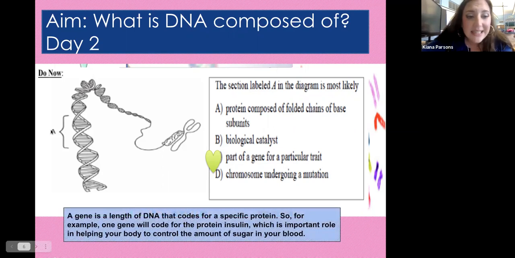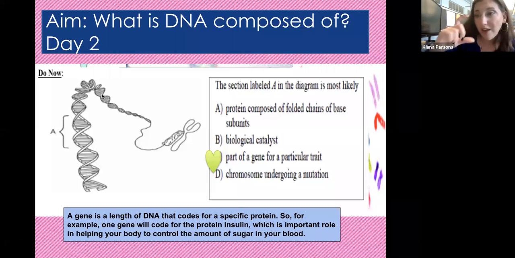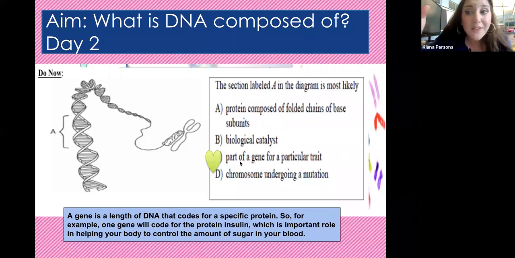So a gene is a length of DNA, like we can see here labeled in A, that codes for a specific protein. For example, one gene will code for the protein for insulin, which has an important role in helping your body to control the amount of sugar in your blood. So this is a portion of a segment of DNA, and so it would only code for maybe part of a gene or one gene for any trait.